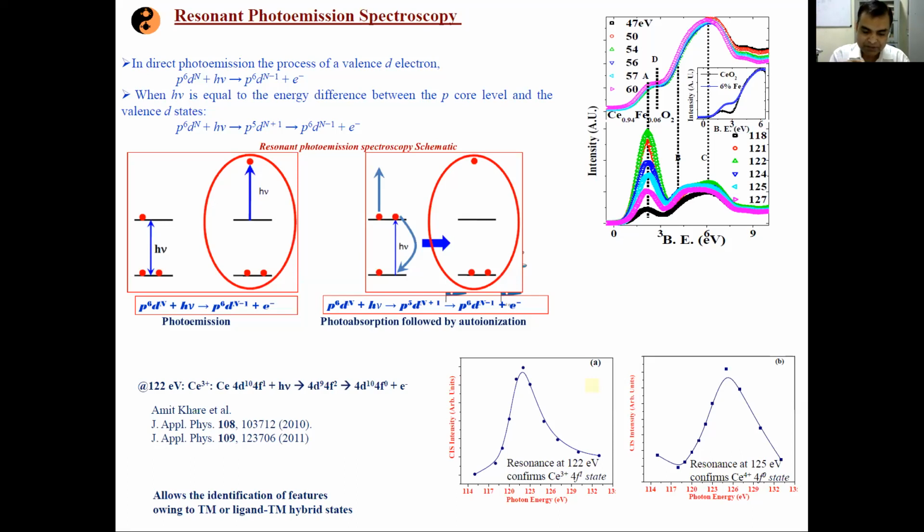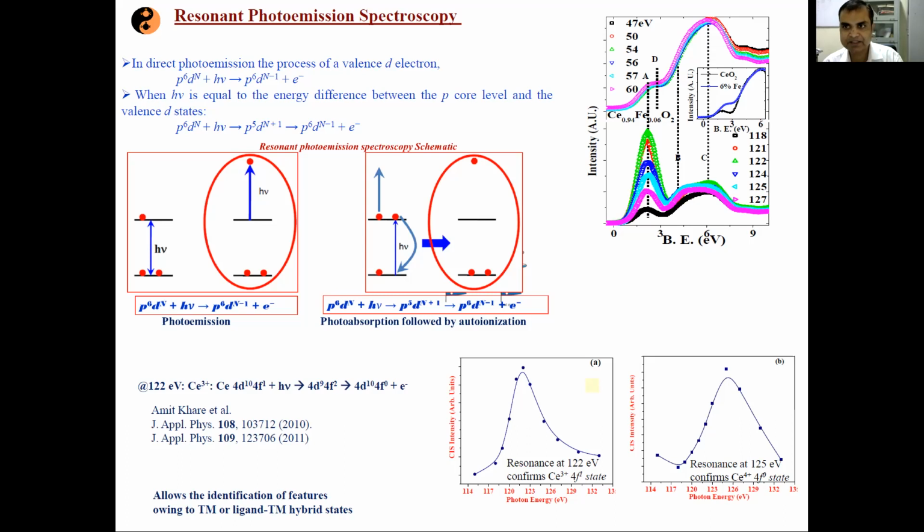Since the energy difference between 3p and 3d is different for different transition metal elements in different states, it also allows us to probe what charge state of the transition metal element gives rise to a particular feature in the valence band spectra.